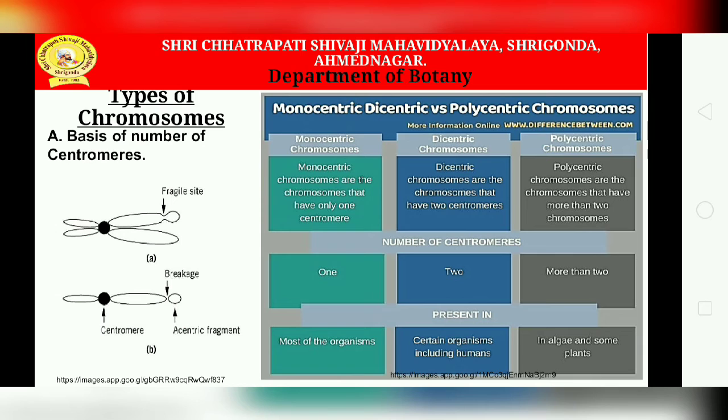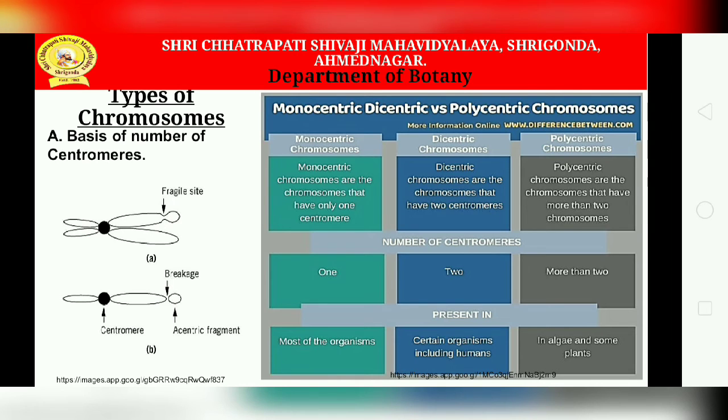Next are the types of chromosomes. Types of chromosomes can be divided into two parts: on the basis of the number of centromeres, and on the basis of the position of centromeres on the chromosome. On the basis of number of centromeres, the first one is monocentric, with 1 centromere.